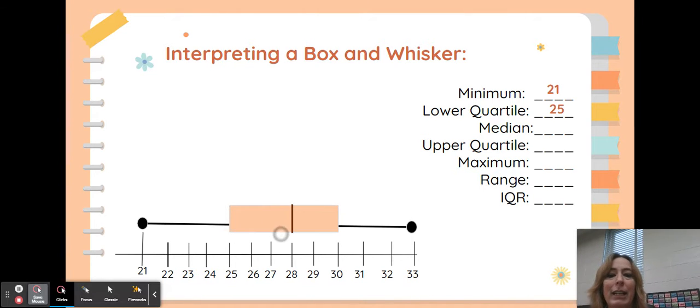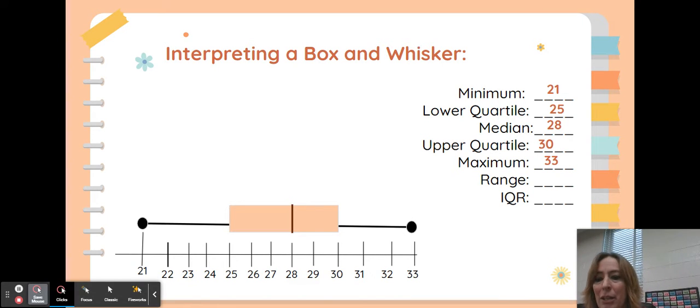Median, remember, that's the line inside the box. So that would hit 28. Upper quartile is where the box ends, which is at 30. Maximum is the farthest dot, the biggest number, so 33.